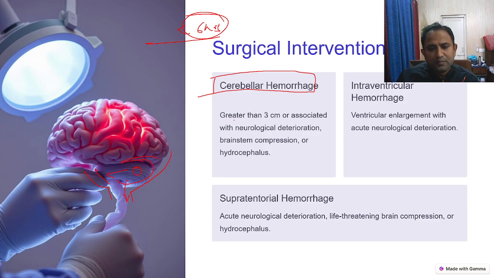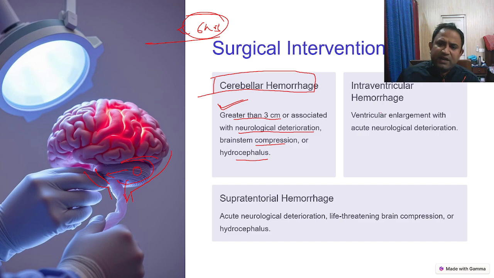So any hemorrhage greater than 3 centimeters associated with neurological deterioration, brainstem compression, or hydrocephalus has to be operated. So cerebellar hemorrhages undergo decompressive hemicraniectomy either prophylactically, or you have to monitor them very stringently.